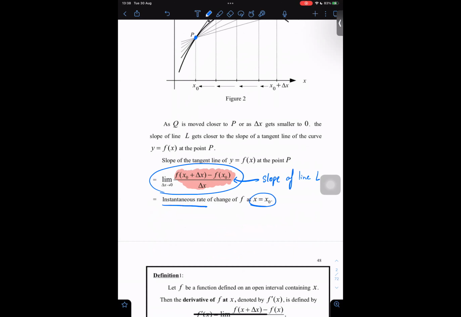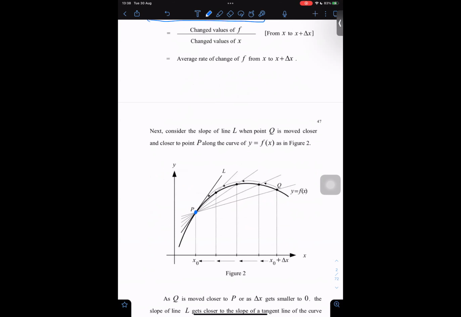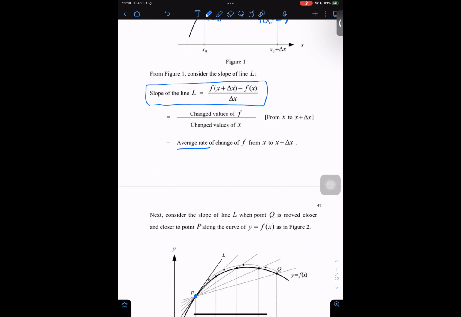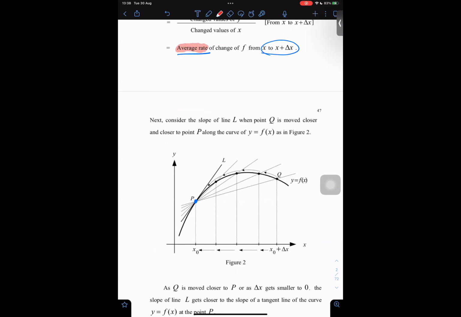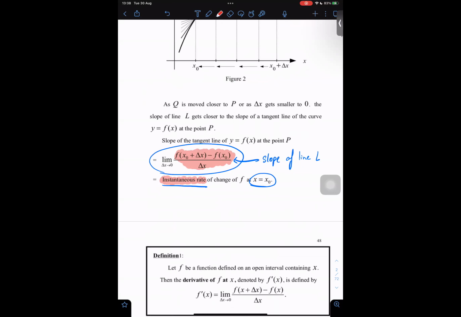When you do not have the limit, you get what we call the average rate of change from x to x plus delta x. You will see this later on. The average rate, and when you take the limit, you get the instantaneous rate. And this is the definition of the derivative.